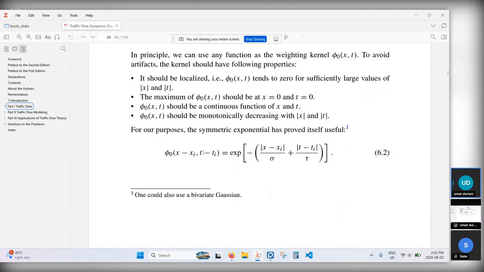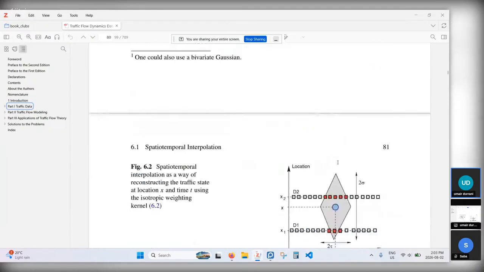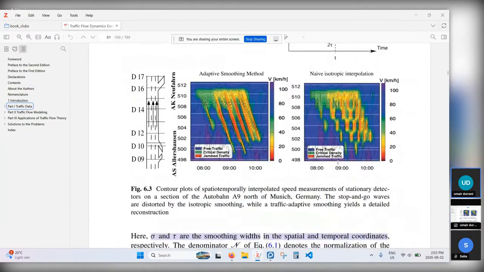The formula for the weight or kernel uses the exponential of this expression, where again we are comparing x with xi and t with ti, and dividing them by smoothing windows in space and in time, given by sigma and tau respectively. Here is the result of the isotropic interpolation on the right for these detectors.